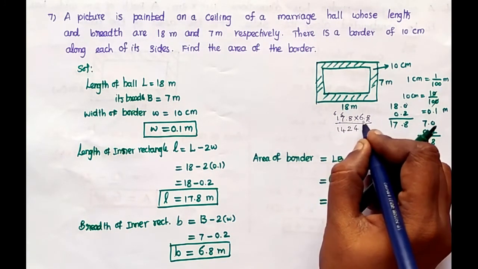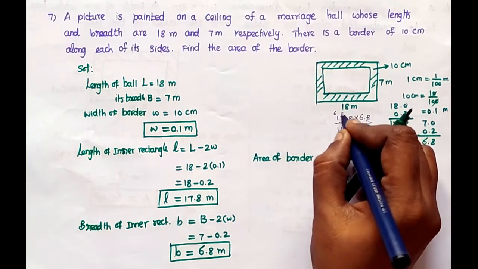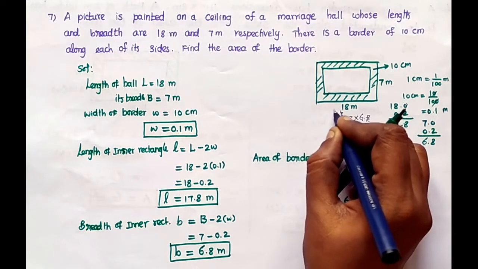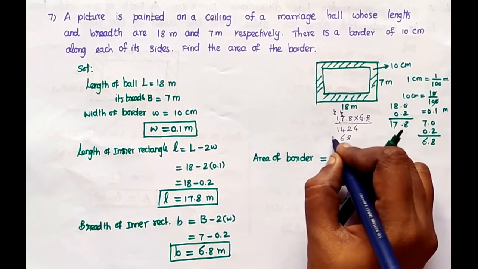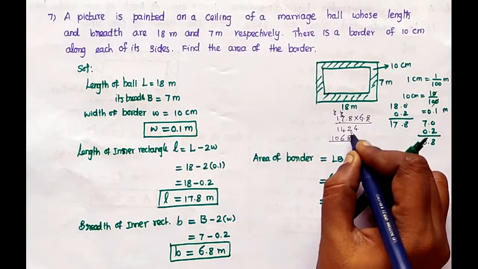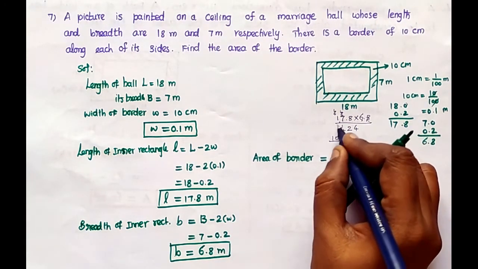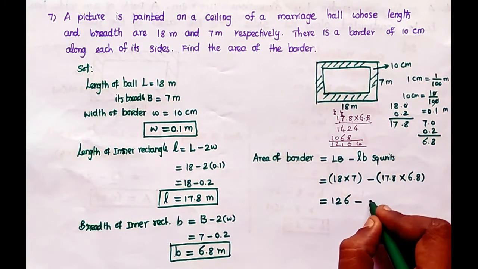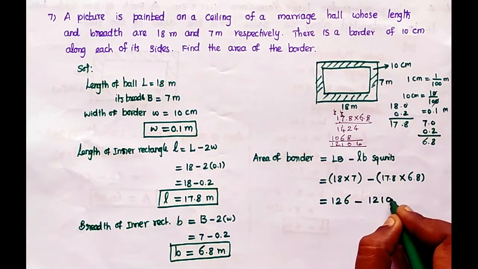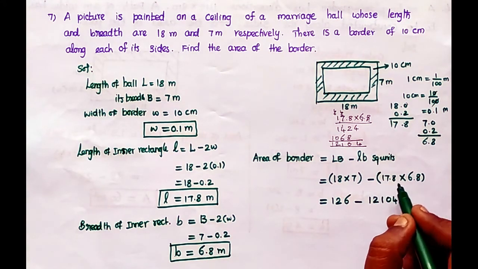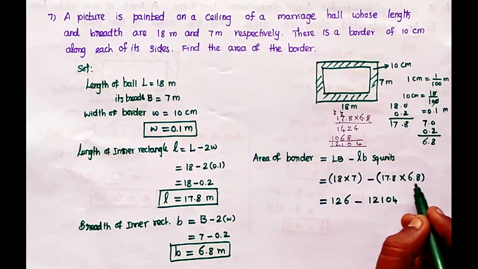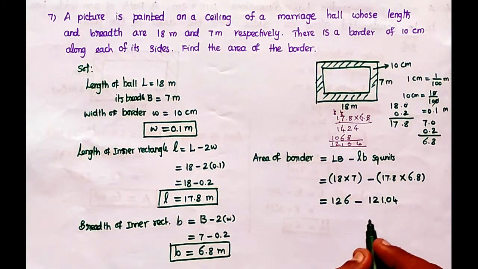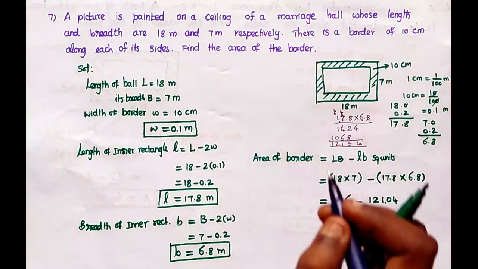Again the sixth table: 8 sixes are 48, 7 sixes are 42 plus 4, 46, 1 six is 6 plus 4, 10. So 121.04. Here one digit after the decimal point, here one digit, so 2 digits, we keep the point two digits from the right.